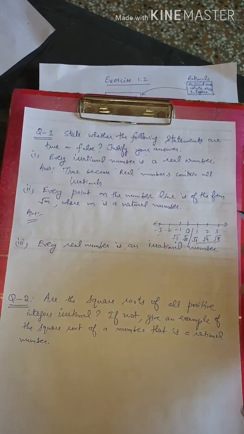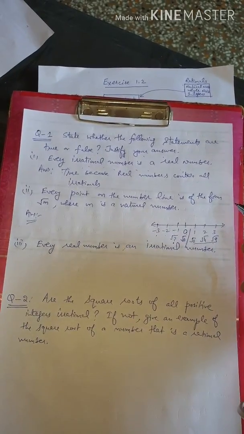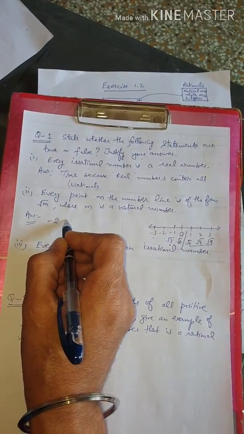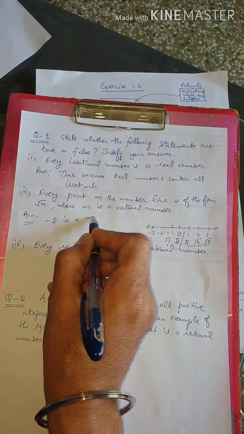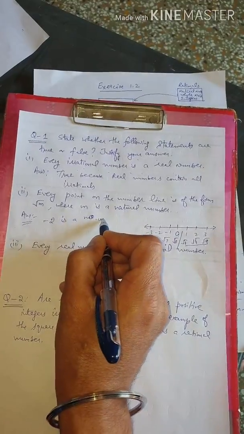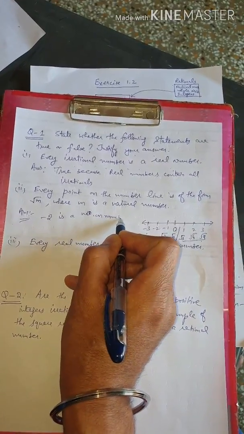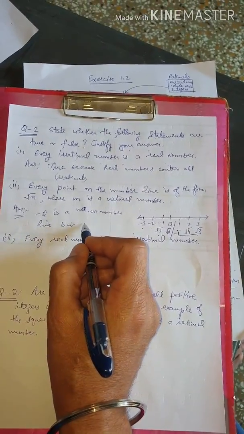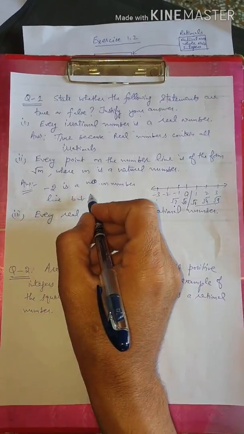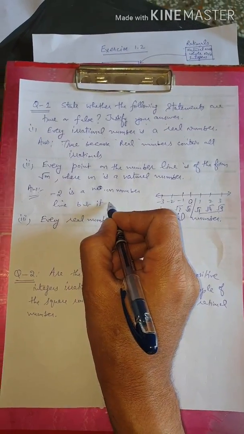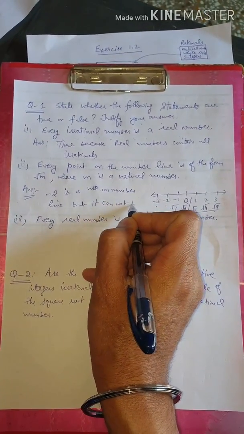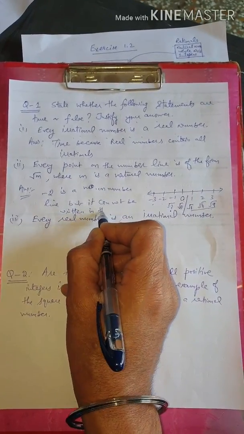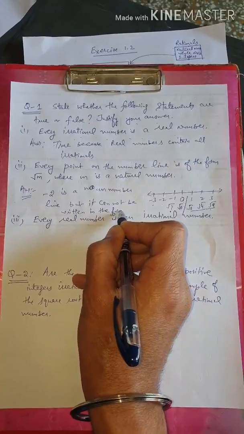So all these numbers will help us to give the answer to this part number 2. So we will prefer a counter example here. We will take an example to give the answer to this. You can mark here minus 2 is a number on the number line, but it cannot be written in the form, which form?